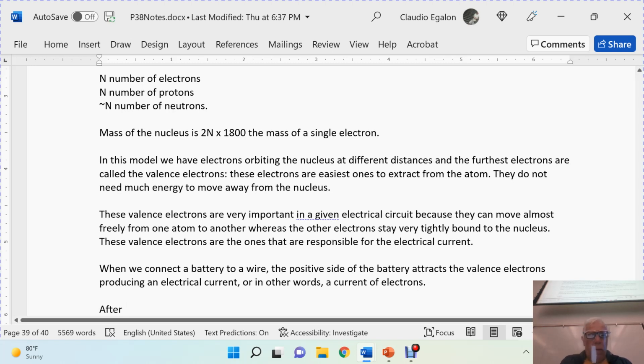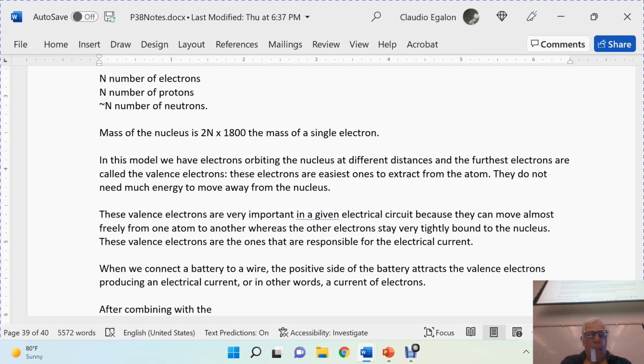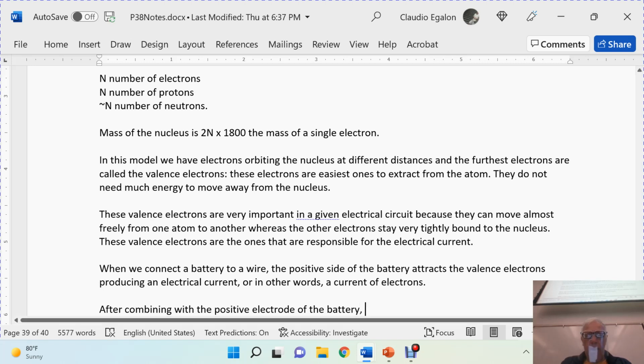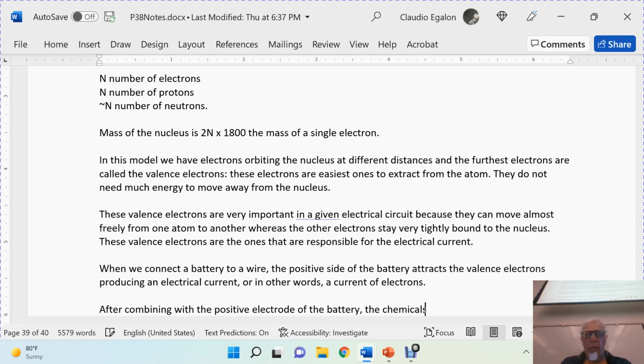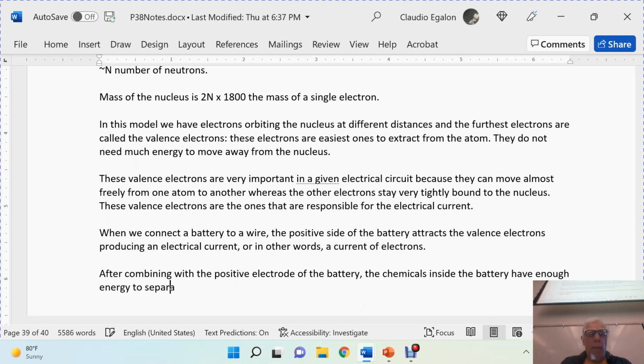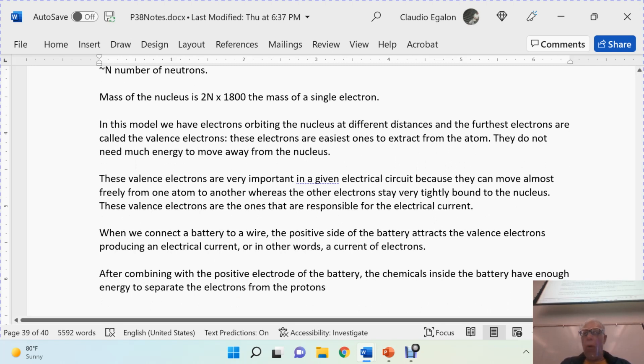After combining with the positive electrode of the battery, the chemicals inside the battery have enough energy to separate the electrons from the protons. That's a very good model.